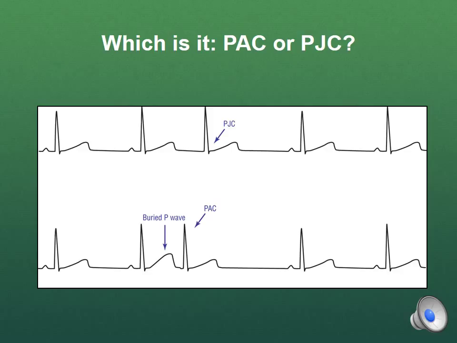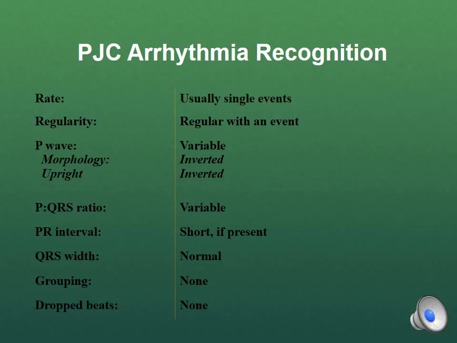So if we see that variation in morphology in the preceding T wave, generally that's going to be caused by a PAC, because that's a P wave being buried in that T wave. Whereas on the top, we're looking for any P wave or inverted P wave. We don't see that, and we still have a narrow complex, so it's pretty easy to say that this is a PJC because there is no P wave noted there.